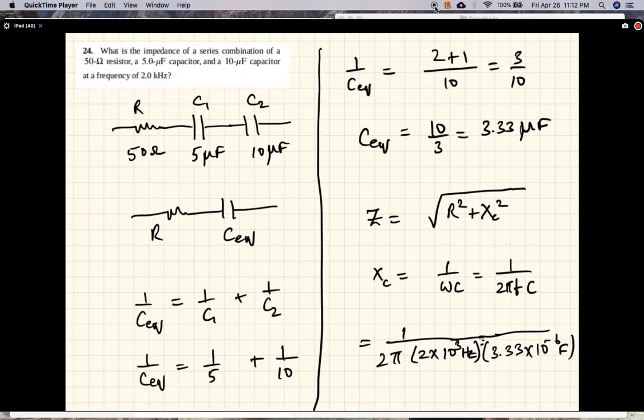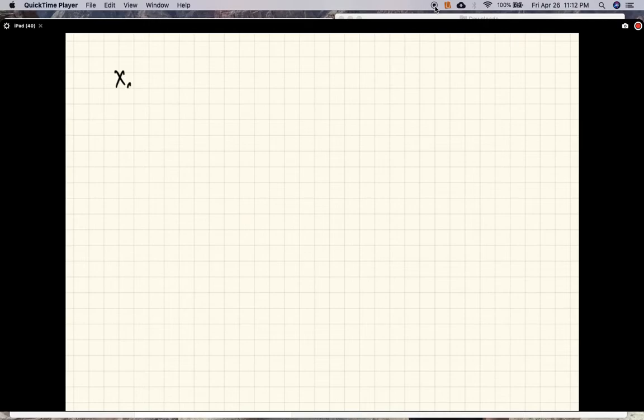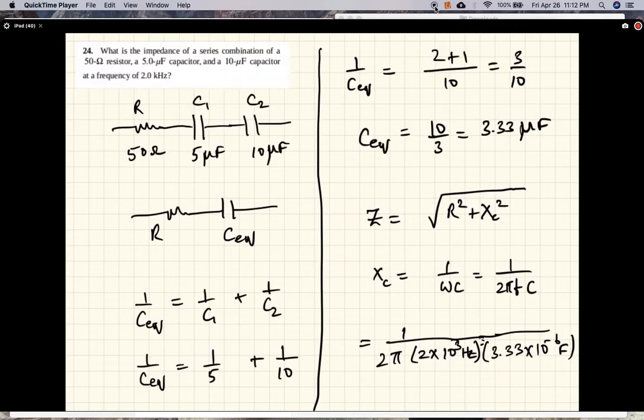XC is 10 to the power 3, and this is an impedance. The units: omega is in units of 1 over second, so seconds divided by farads, and that's ohms. Anyway, all impedances have units of ohms.